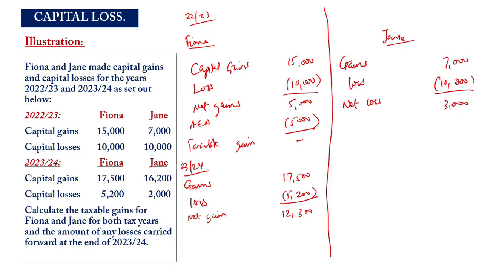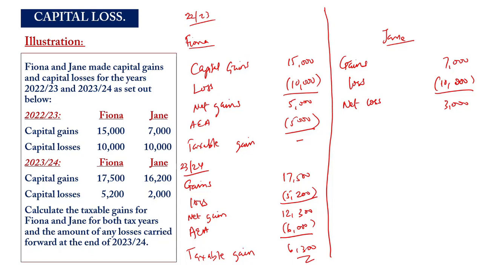This time around the net gain is big enough to utilize the entire annual exempt amount. So the annual exempt amount, which is £6,000, will be taken out. So she will be left with a taxable gain of £6,300.